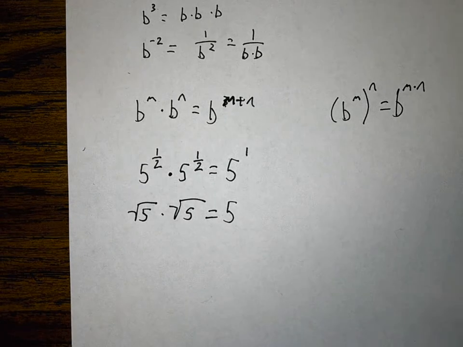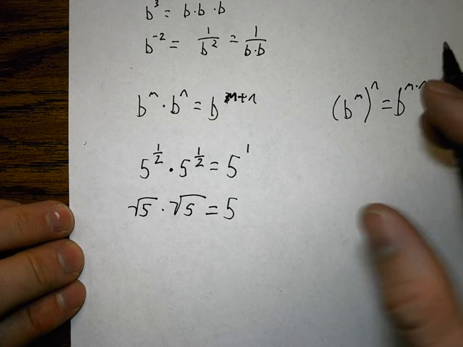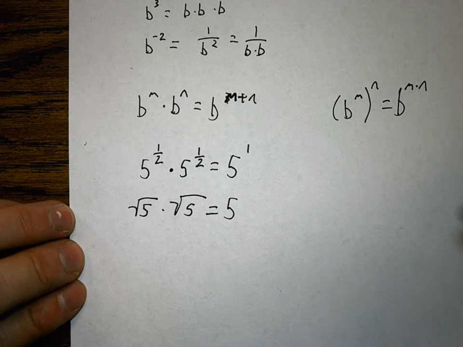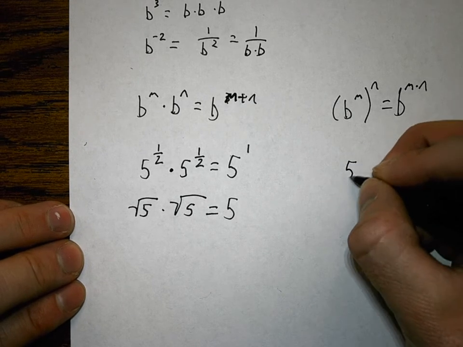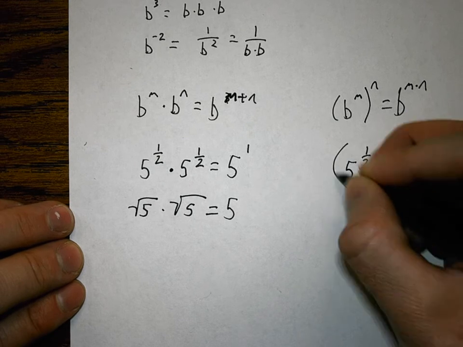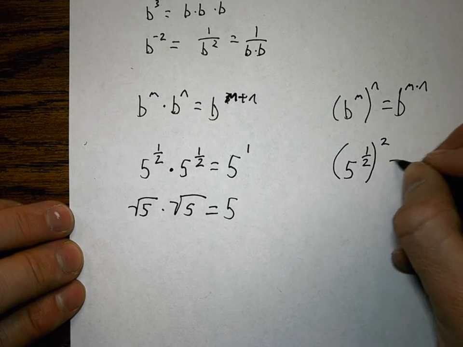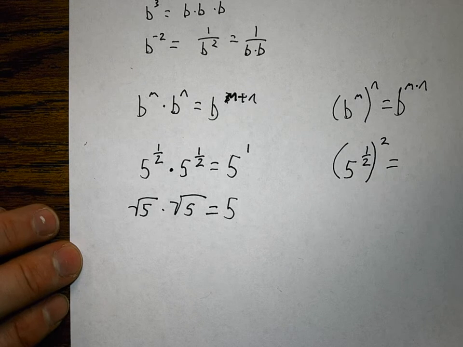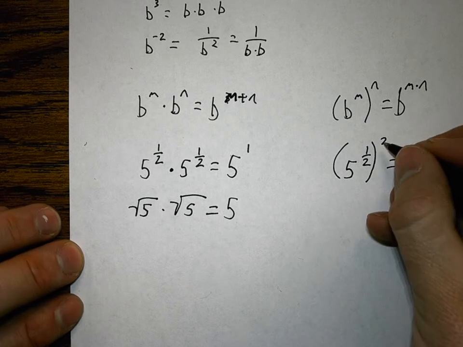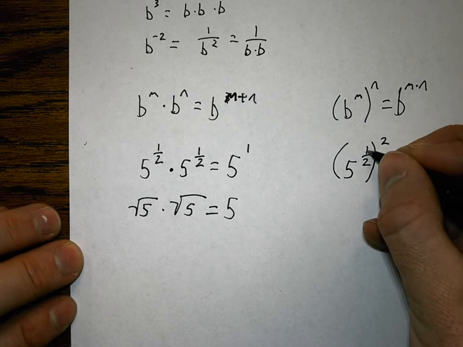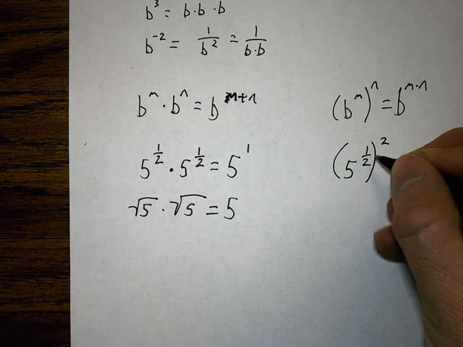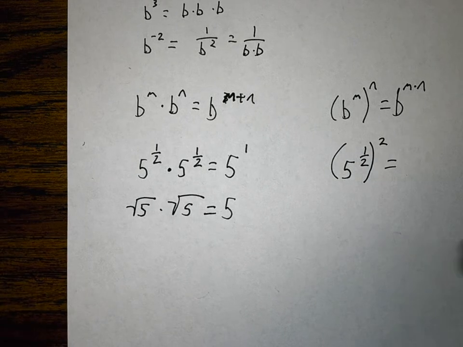Now, let's use the power rule to discover this. Now, 5 to the 1/2 power, squared. Well, the power rule, I have to multiply 2 times the fraction 1/2. If I multiply that out, I just get 5 to the 1st power.